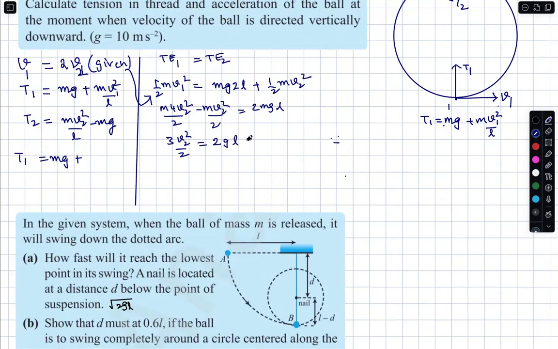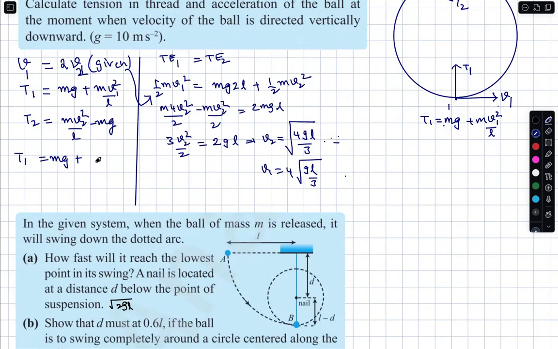Correct? So V1 is 2 times root gl by 3, right?